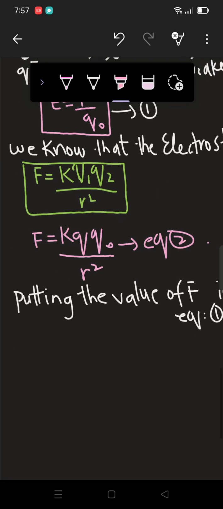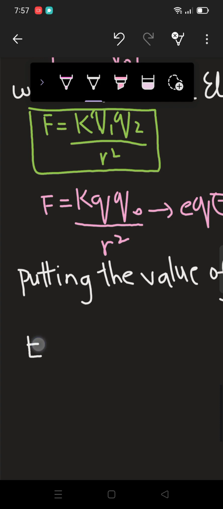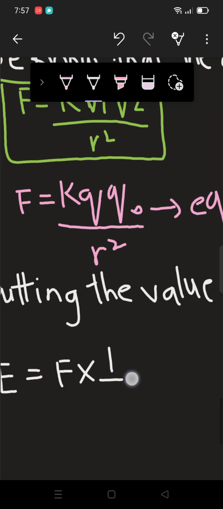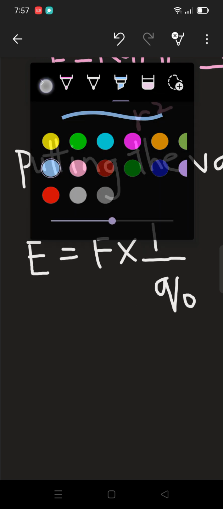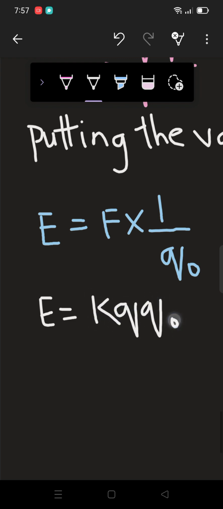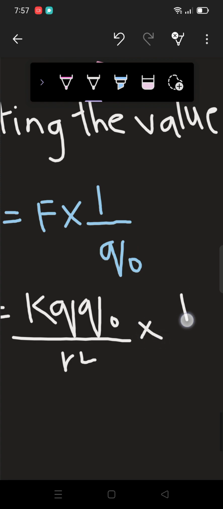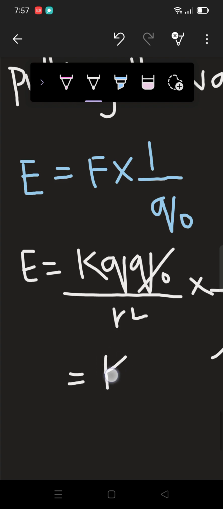So putting equation number 2 in equation number 1: E is equal to force into 1 upon Q naught. So E is equal to K Q naught over r square into 1 upon Q naught. Q naught would be cancelled, so Kq into 1 is Kq over r square.